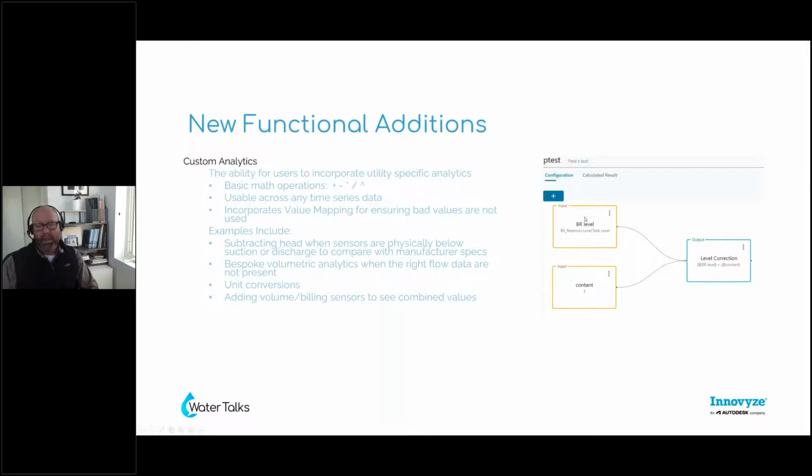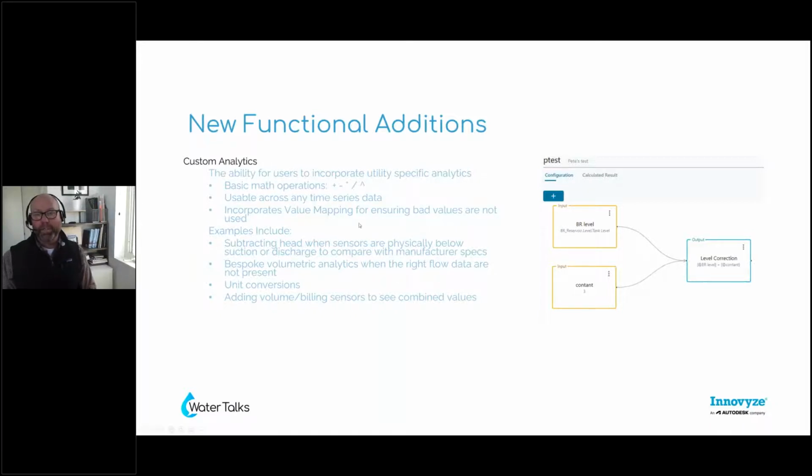Maybe I want to take 4 of my pressure sensors and compare them to an average of the 4, or reservoir levels, or flow meters, or maybe I want to normalize my zonal volumes to a system-wide volume to understand that as a fraction of whole. There's so many ways of slicing and dicing with the custom analytics that we're really excited to bring this forward.